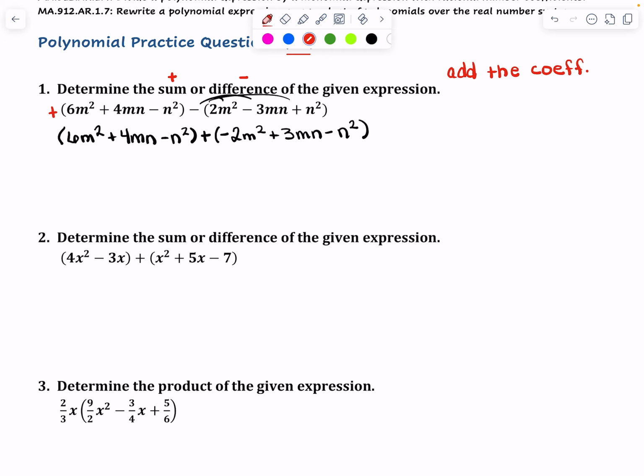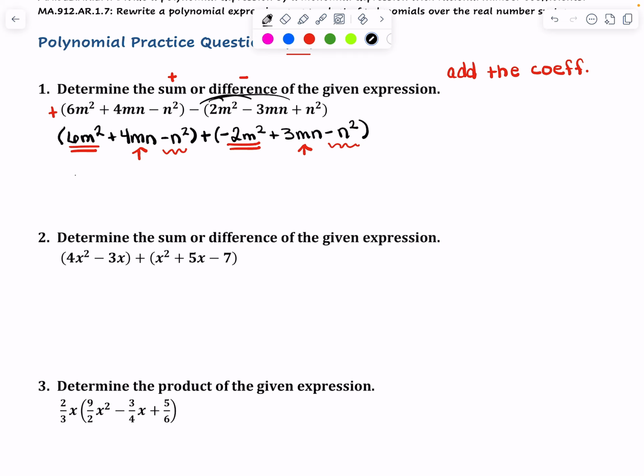Now I can go ahead and look for the ones that are like terms. So I have 6m squared plus negative 2m squared, positive 4mn plus positive 3mn, and then negative 1n squared and negative 1n squared. So let's go ahead and combine those like terms. 6 minus 2, because we're adding the coefficients or subtracting.